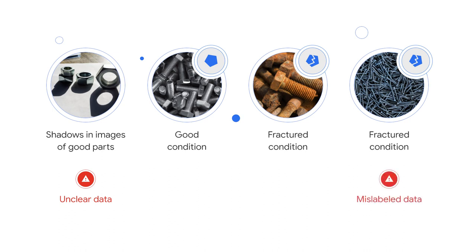I mentioned incorrect labels earlier, which is another form of dirty data. In this scenario, you might have parts that were labeled as fractured, but in reality they were discarded because they were the wrong size. There are lots of examples of human error that cause dirty data as well. Imagine the sales and retail industry, for example. If someone enters incorrect purchase data in a data storage system, this creates dirty data.